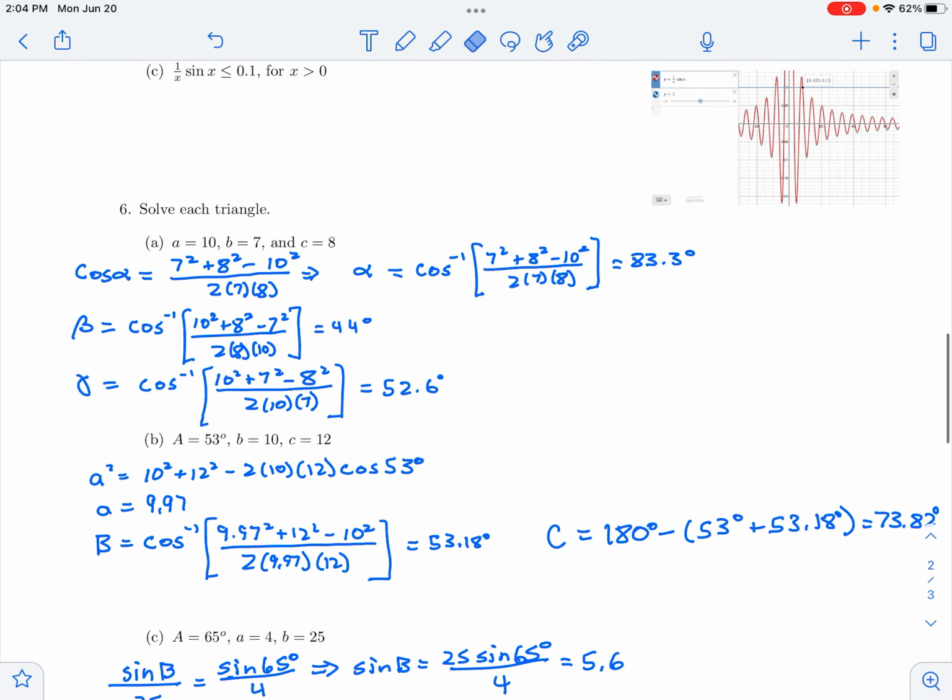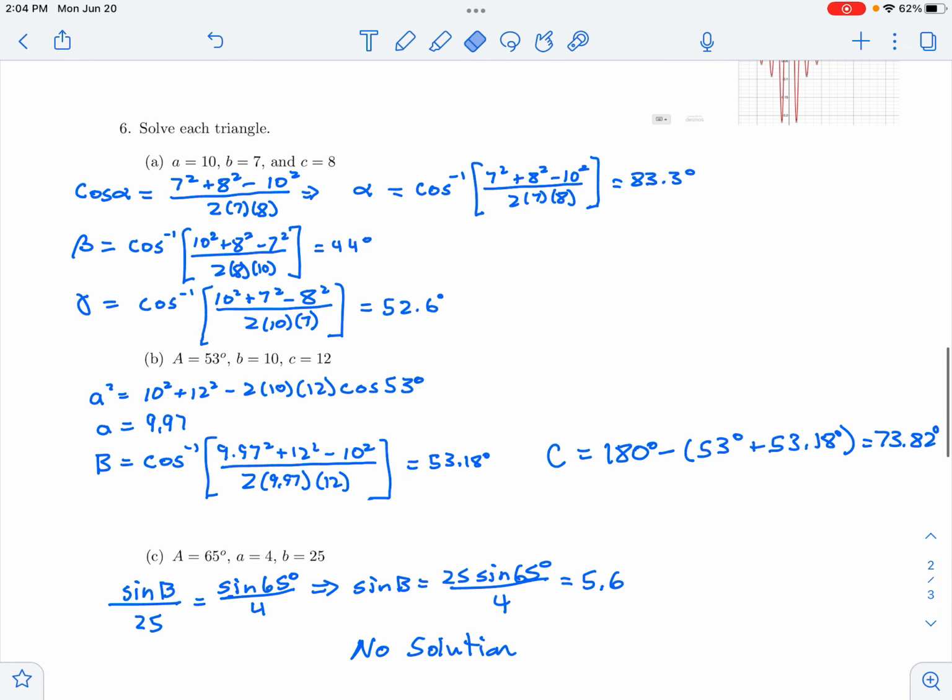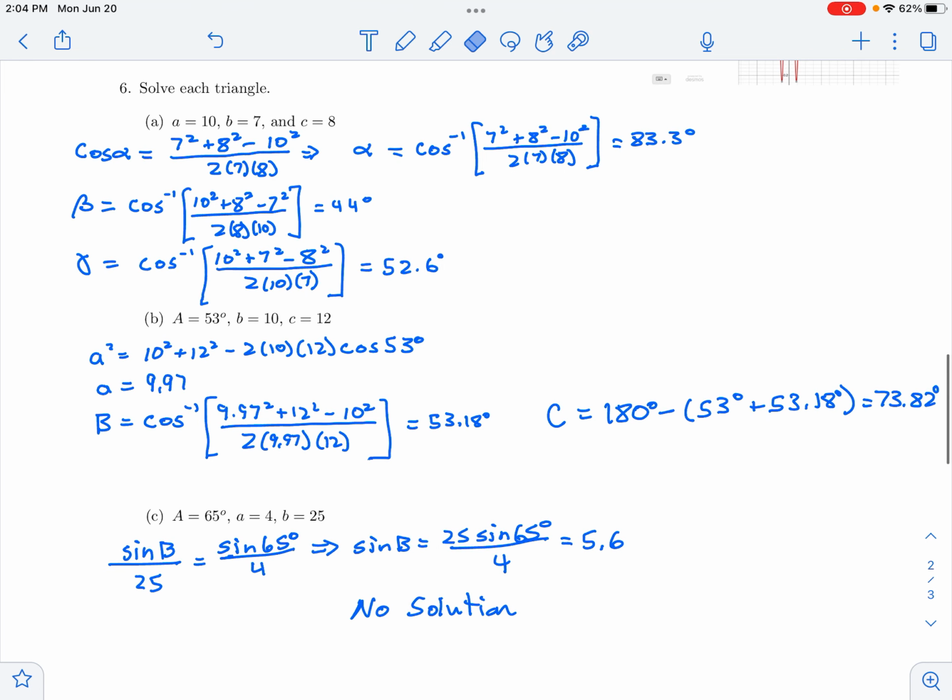Okay. Now, the rest of these, I think, are pretty straightforward. We're just solving the triangle. Here on this one, it's a side, so I'm going to use law of cosines. I have no choice on that because law of sines, you need at least one angle, and I don't have any.